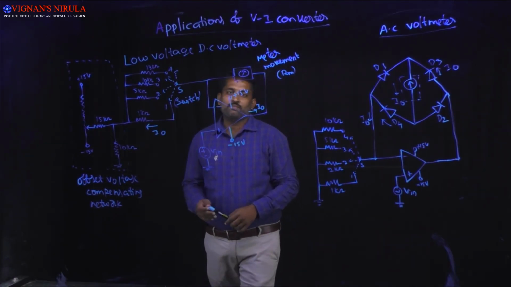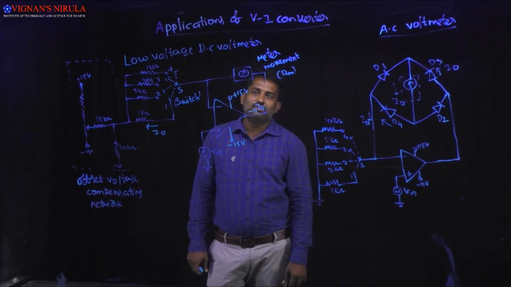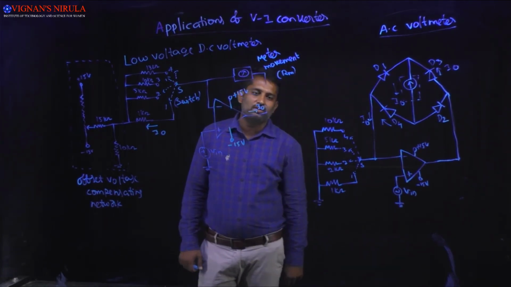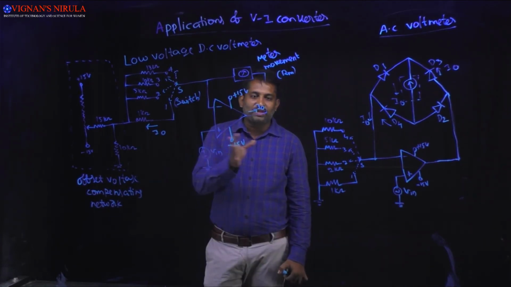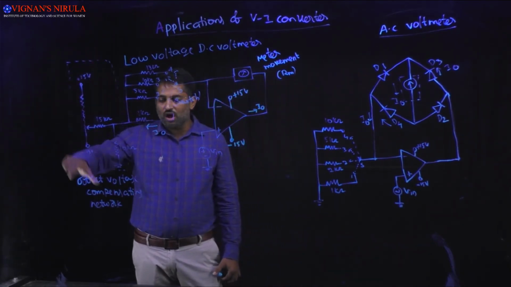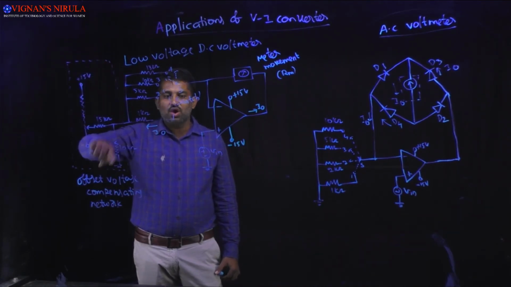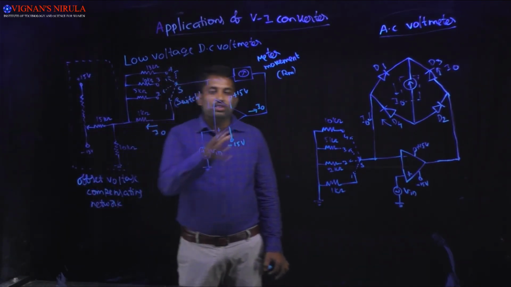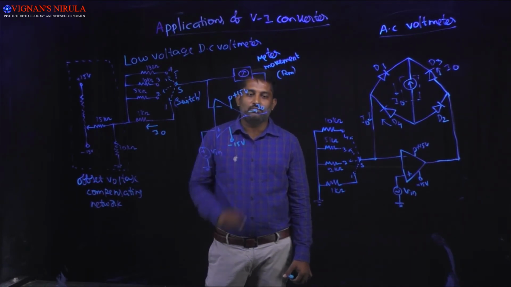So here I am replacing the load resistance with a D'Arsonval meter, and for removing the errors in the op-amp we use the offset compensation network. Here I am using this offset compensation network to remove the offset errors present in the op-amps.